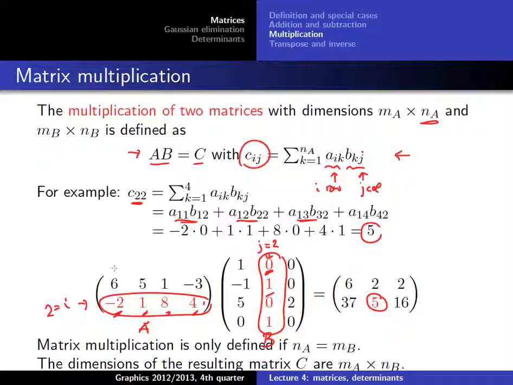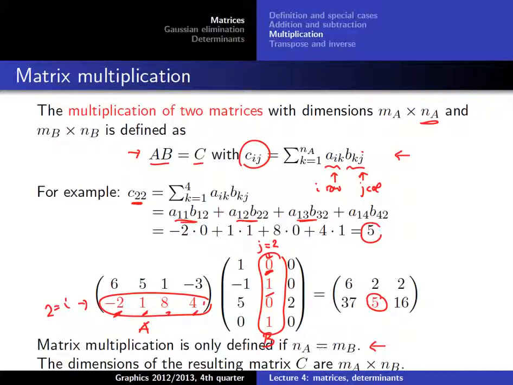So we see here that the second dimension of the first matrix, the number of columns, must match the number of rows of the second matrix. That is the condition that has to be fulfilled, but the other two dimensions can be different, and they then later, of course, influence our result.